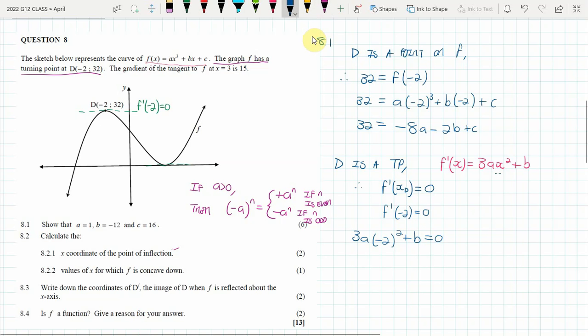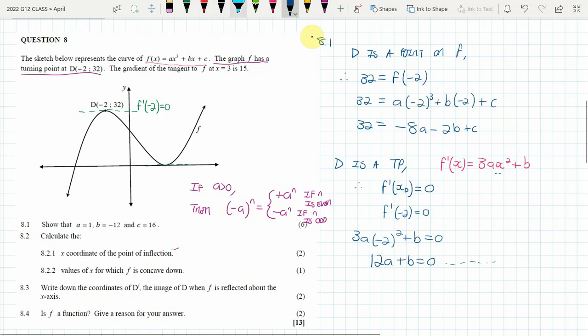So this means here the 4 is gonna be positive. So we're gonna have positive 12a plus b equals 0. We have a second equation.